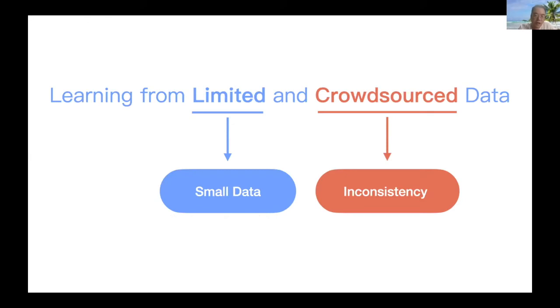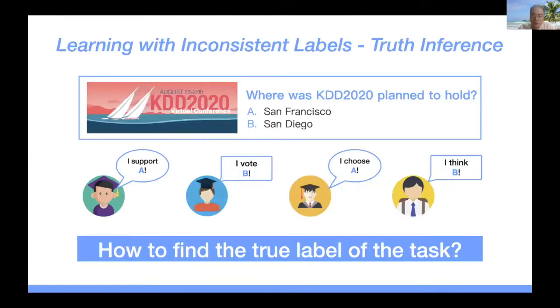Okay, I've introduced the small data problem and how we deal with it. Next, I will talk about the inconsistency of crowdsourced data. In this simple example, let's look at this picture. It says KDD2020 with two sailboats and an ocean.